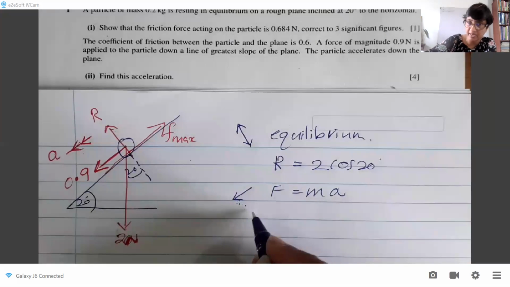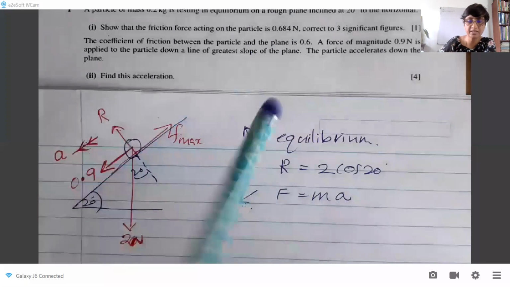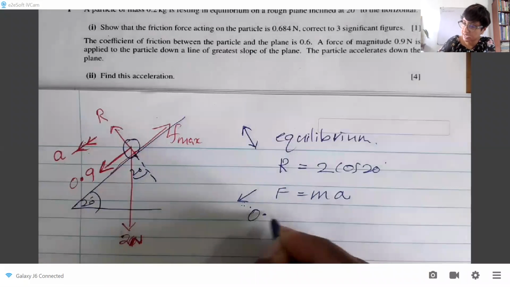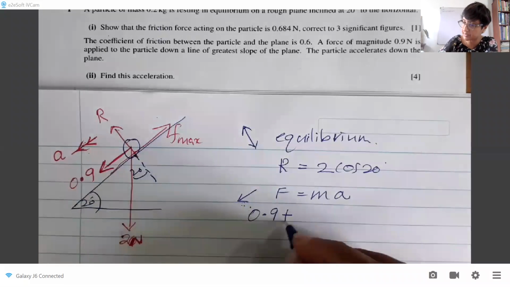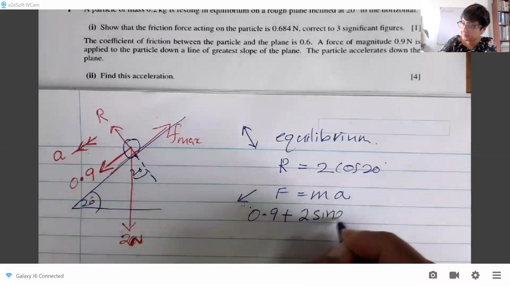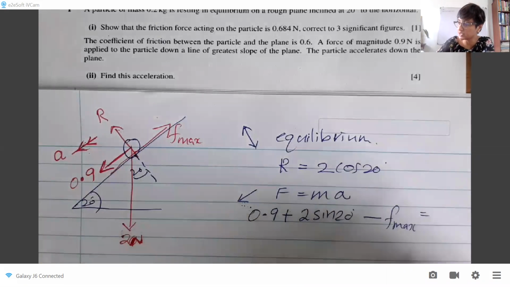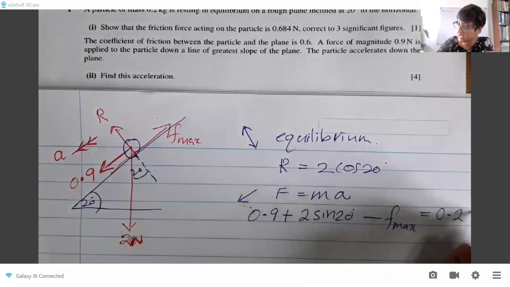The resultant force this way is 0.9 plus, let me add the component of the weight, 2 sine 20, and then minus F max, equal to mass times A. Mass is 0.2.